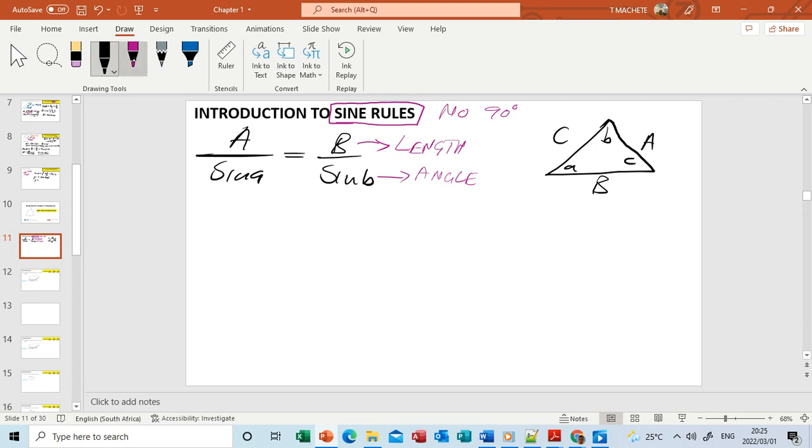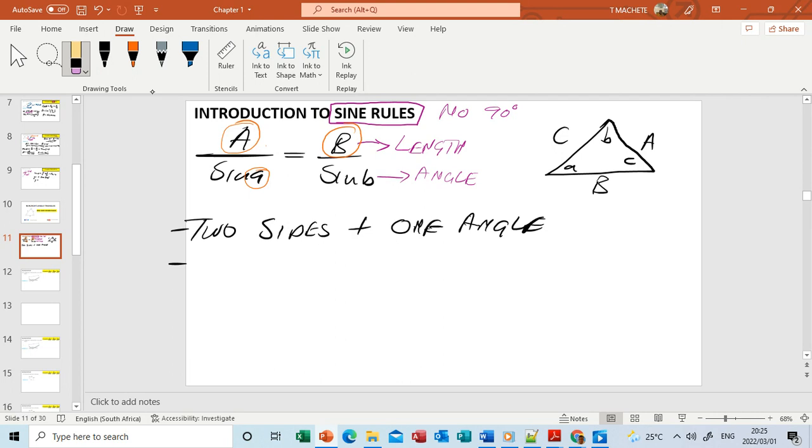The sine rule, you use it when you've got two sides and one angle. The formula tells you, if you master it, that you must have at least two unknowns in order to use the sine rule.